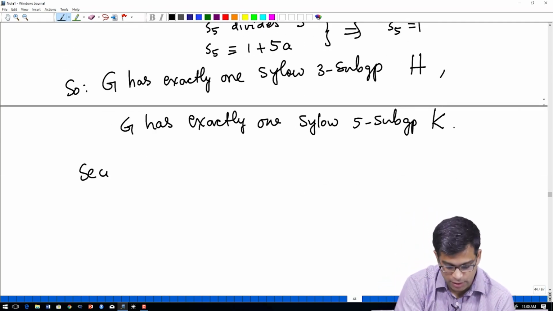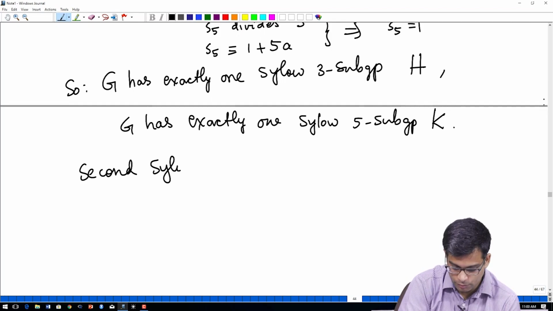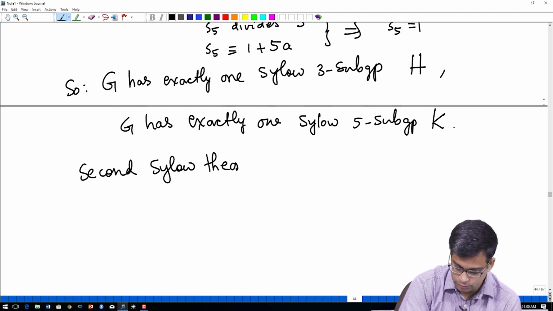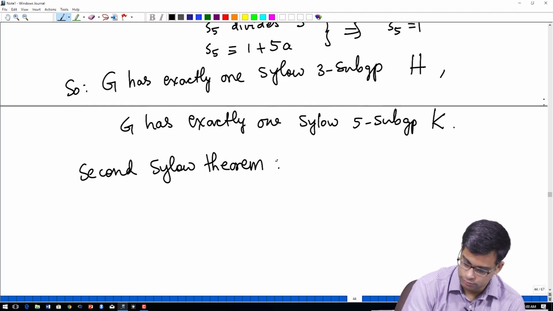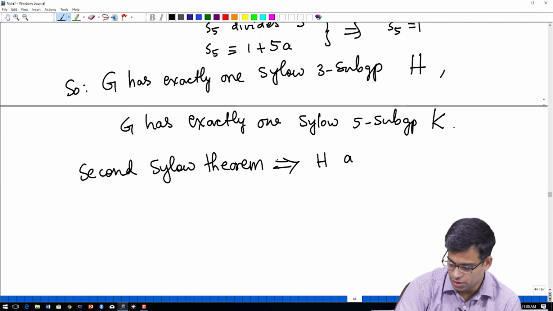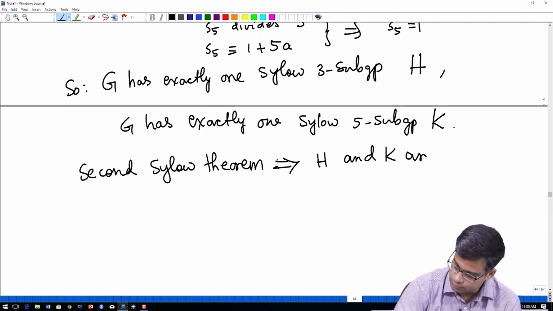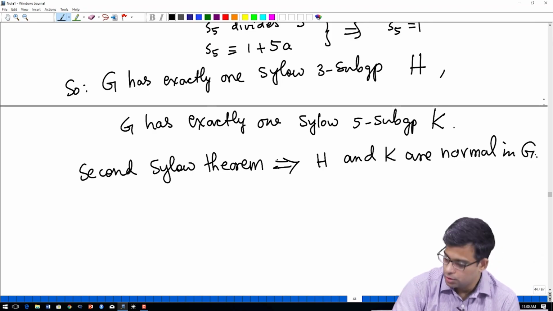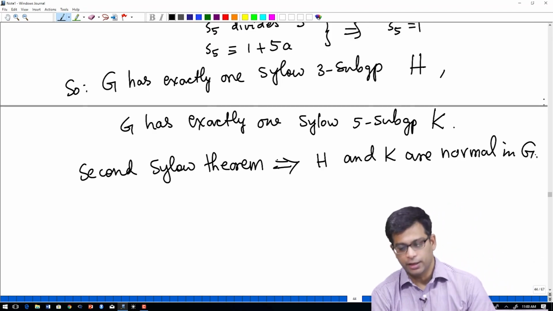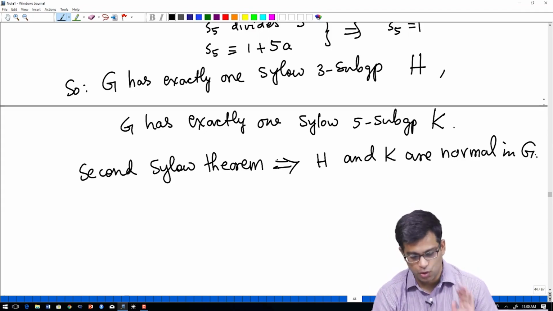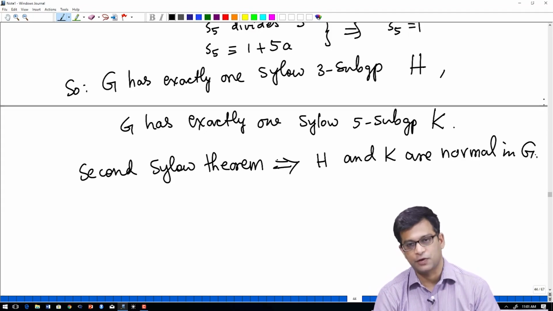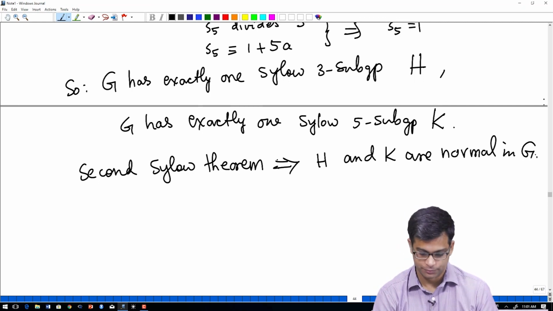And now by the second Sylow theorem, H and K are normal in G. Again I want to stress this again and again, we know nothing about G, that is the whole point. We can conclude this for any group of order 15.